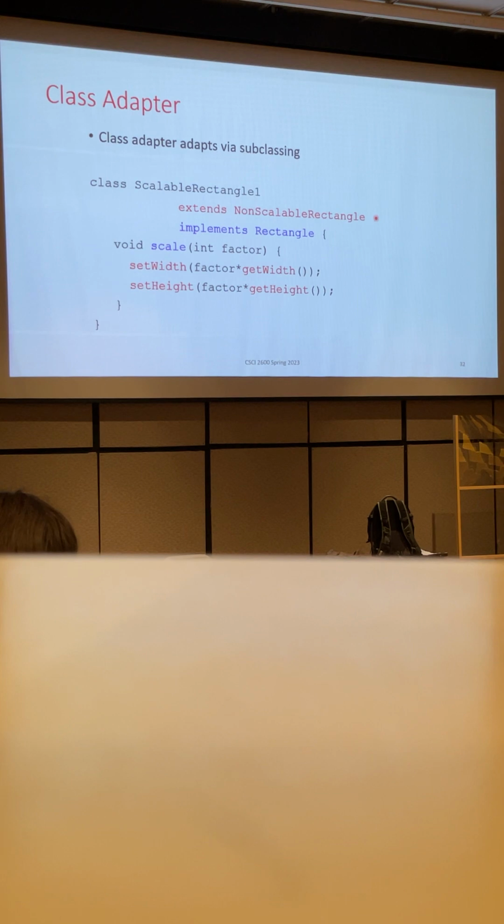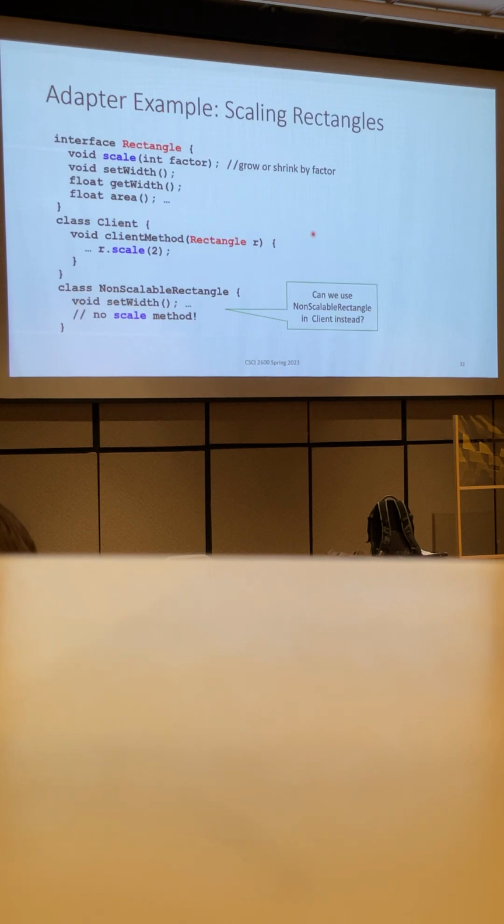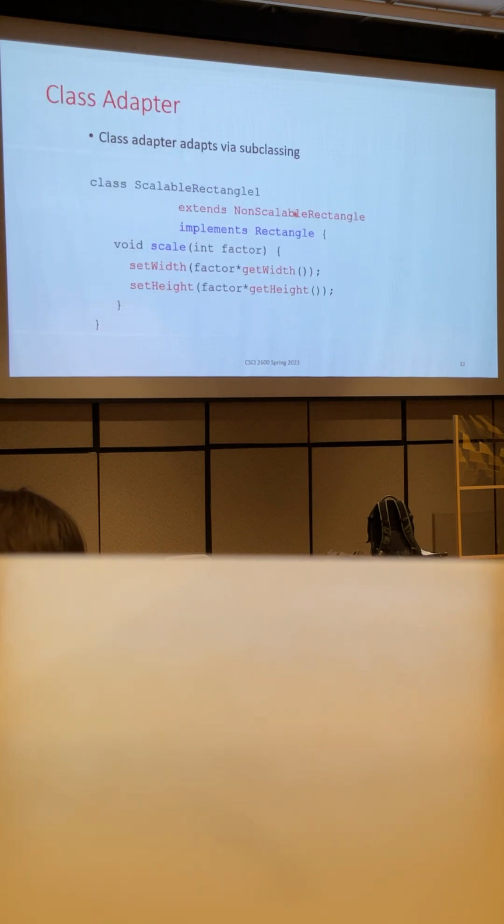So what we could do is use a class adapter that adapts via subclassing. We can make a ScalableRectangle that extends NonScalableRectangle and implements Rectangle. See how we are closing the gap between the expectations of the client, they get a Rectangle, and the fact that the rectangle we want to give them is NonScalableRectangle, which doesn't have the scale method, and so it's not a Rectangle in the sense of this interface. So here we are closing this gap.